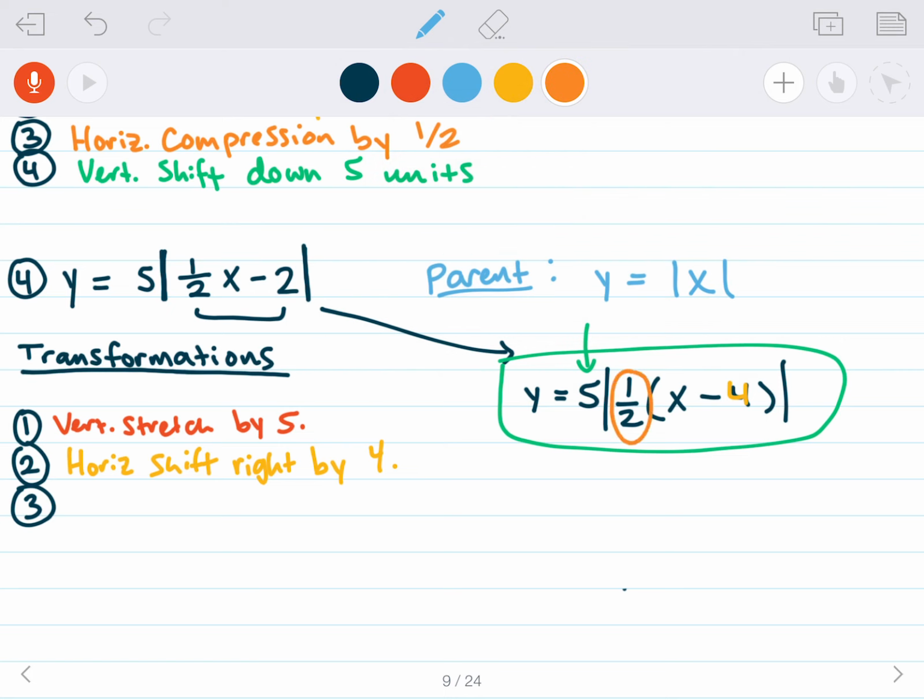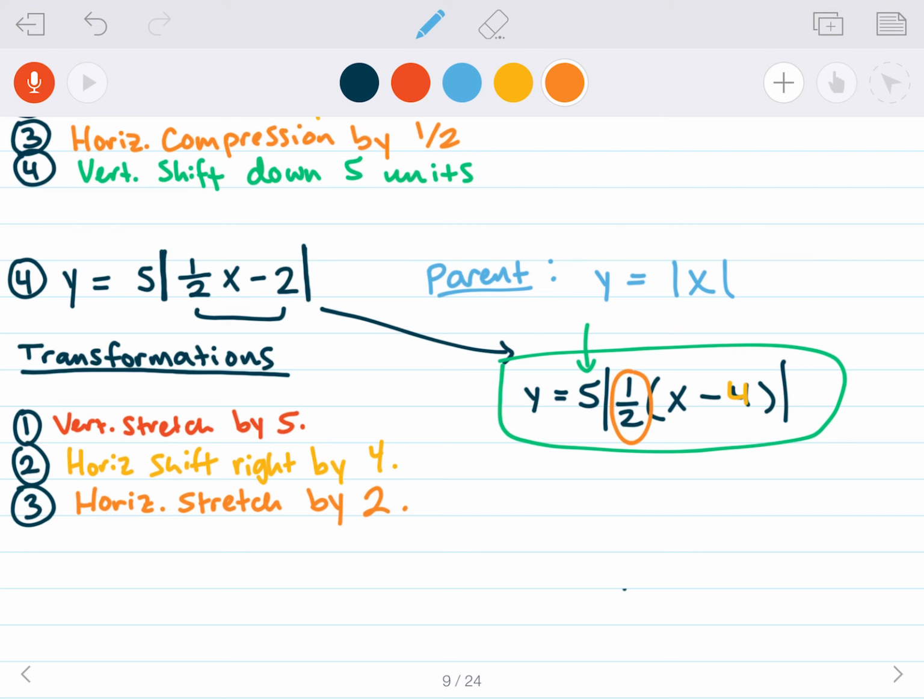This number that's being multiplied by x minus 4 is going to be my horizontal stretch factor. So this is going to be a horizontal stretch. Again, it's opposite of what you think. Vertical is exactly what you think, but horizontal is opposite. So this is going to be a horizontal stretch by a factor of not 1/2, but the reciprocal of 1/2, by 2. All right, so those are my transformations there.